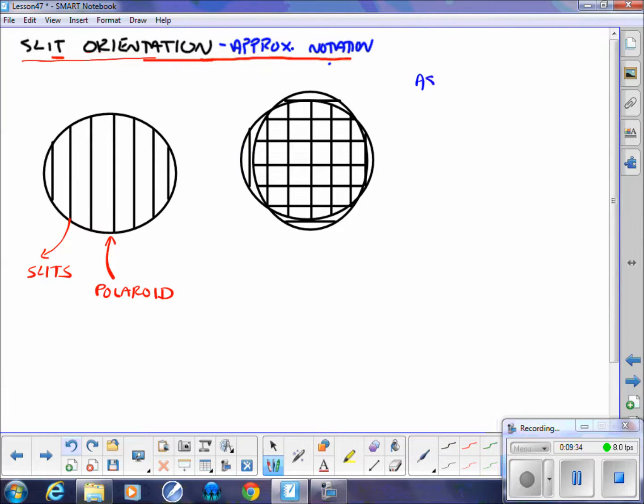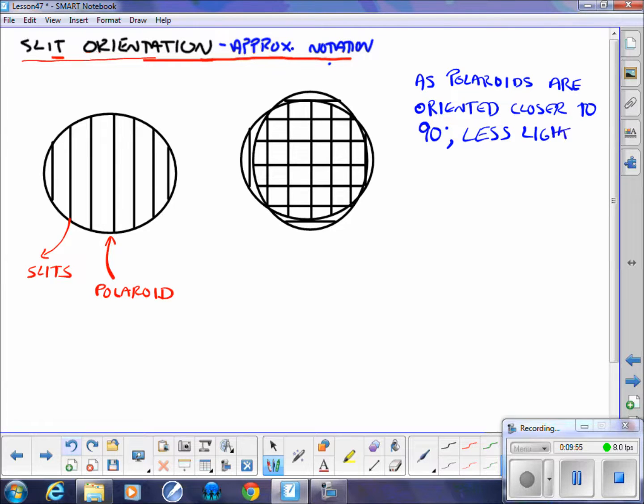So as Polaroids are oriented closer to 90 degrees, less light can pass through.